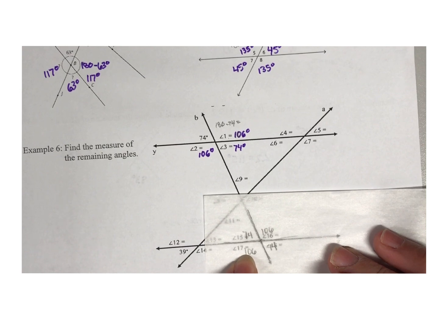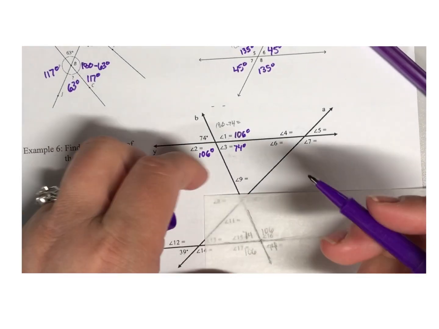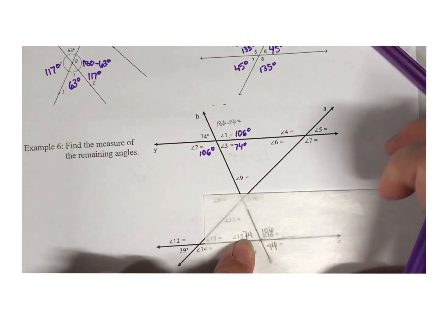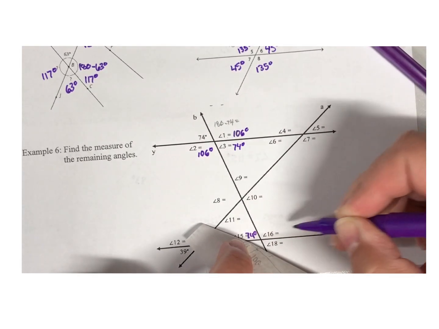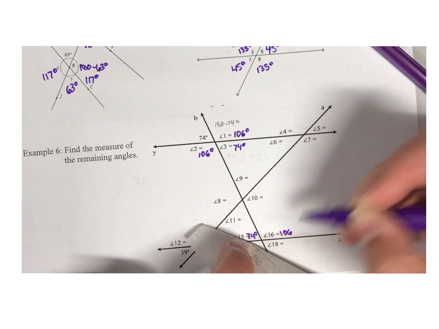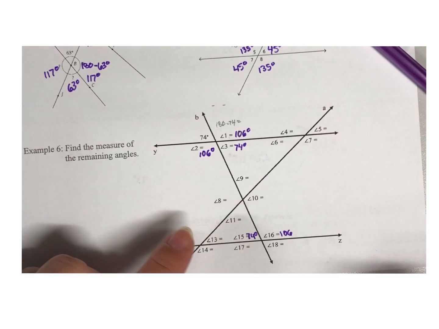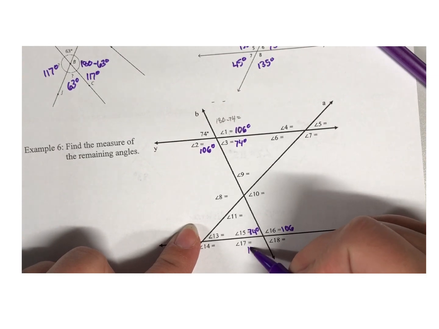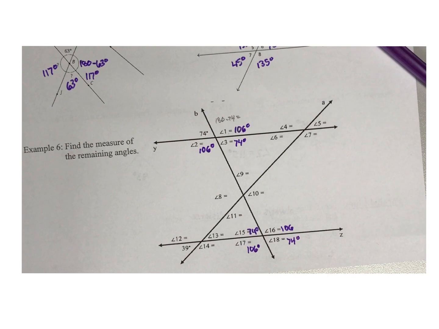Again, this has to do with parallel lines cut by a transversal. And if you need trace paper to do that, that's fine. But I'm going to label these. So this one here is 74. It was 106. So 74, 106, 106, 74. Okay, awesome. We're actually getting a little bit closer.